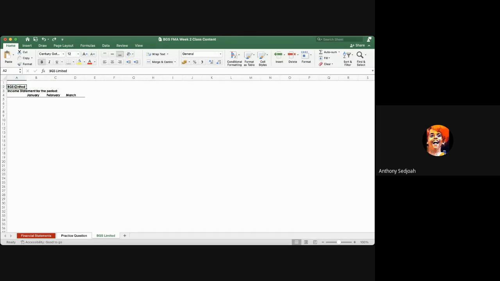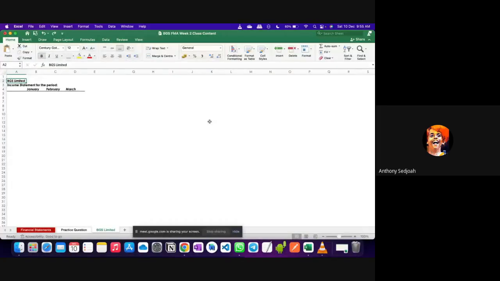select the cell with the title, use Control-1, go to alignment. I'm sure you guys are not seeing. Let me share my screen again so that you see my pop-up menus. Can you see my screen?